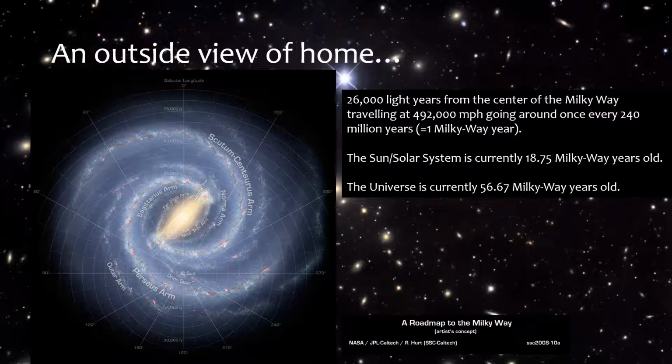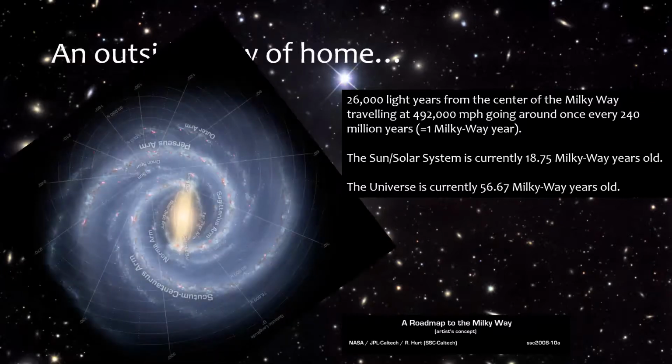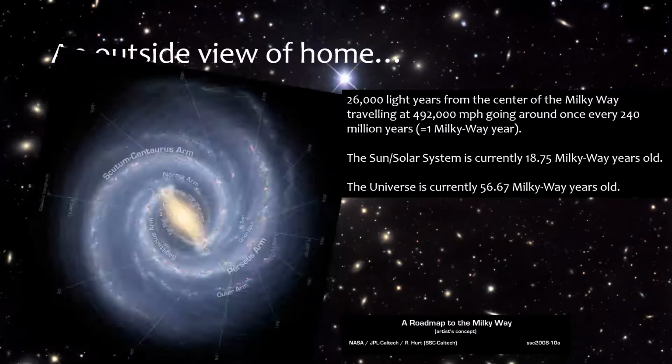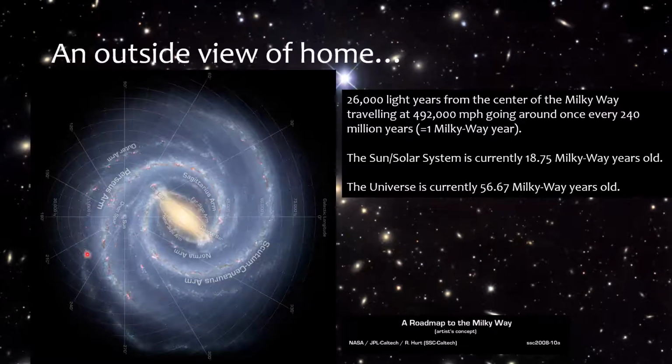Our first story is going to start 48 3/4 Milky Way years ago. So we're going to back up time here. It's going to go very quickly. We're going backwards in time. There we are. So we're actually here because we did an integer plus 3/4 of a turn.